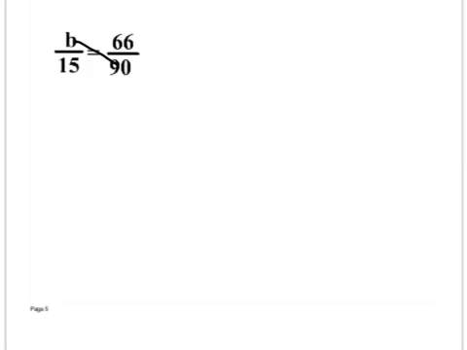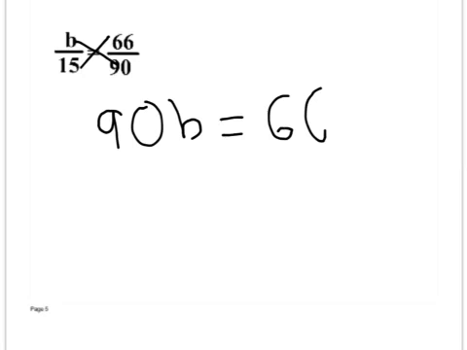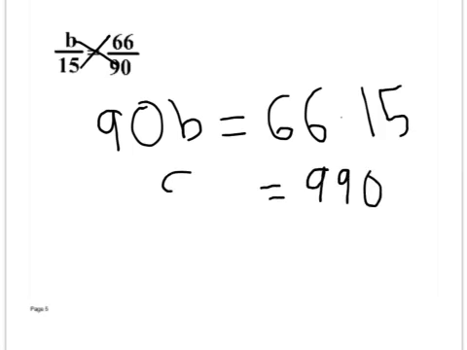So what we do is we cross multiply. 90 times b, 66 times 15. Well, 66 times 15 is 990. And 90 times b equals 990. Someone raise your hand. Tell me how to solve this. Yes, Nicole. You would divide both sides by 90.